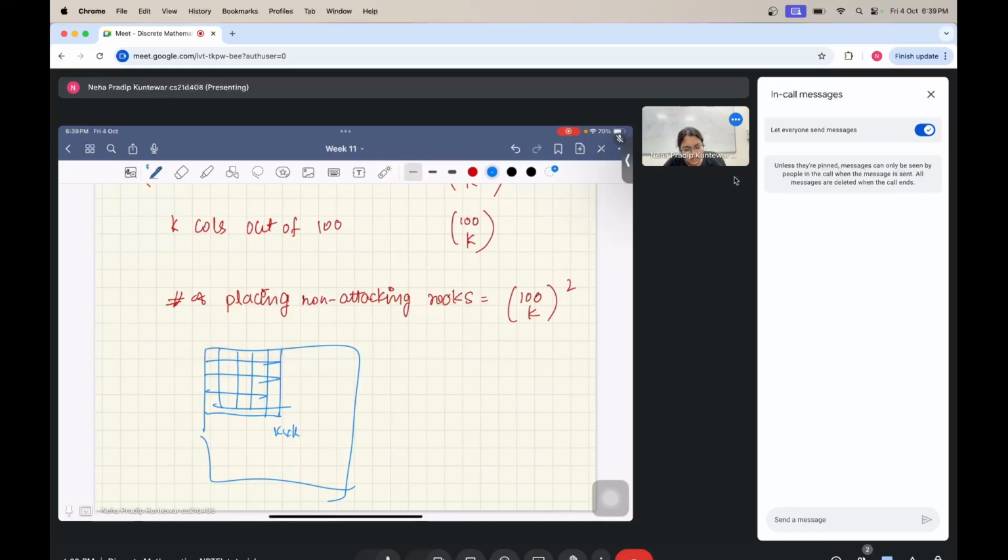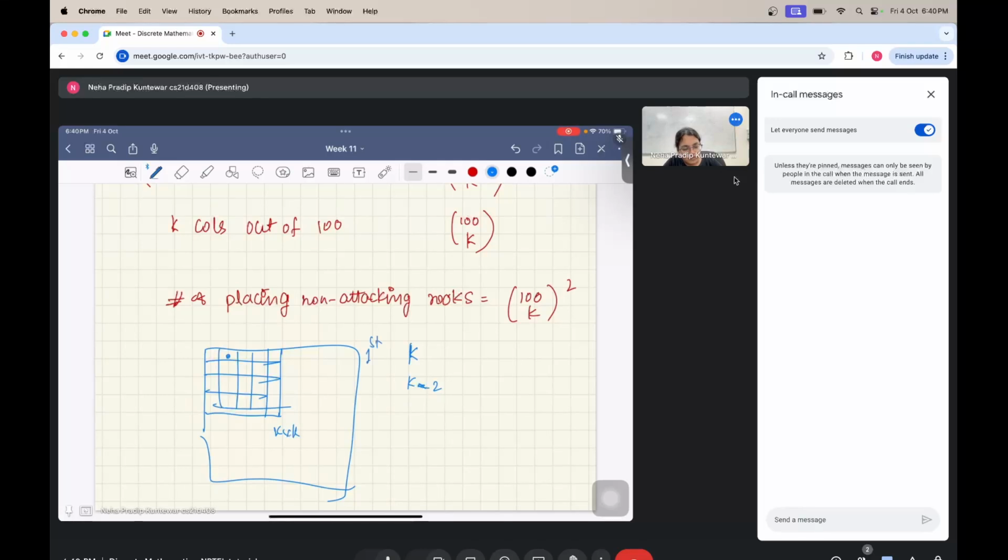So there are k many choices for the first row, but let's say I placed it here. Now for the second row, I'm going to have to place a rook, but I don't know which column to do it in. Should it be here, here, here, and so on? But we definitely know that it cannot be on this particular cell, because otherwise these two would end up attacking. So there are k minus 1 free choices for the second rook to be placed.